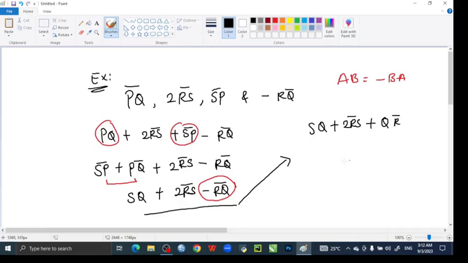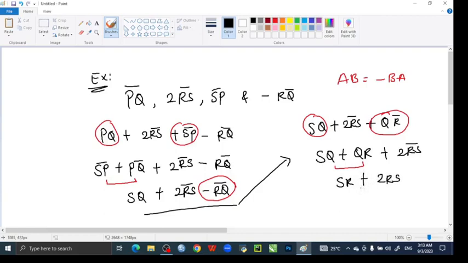Can you see what I'm doing now? I actually rearranged it. I'll bring this one and this together so that we have Q facing themselves. So I have SQ plus QR plus 2RS, and the other one I'll just pick at the end. That will be SR plus 2RS.